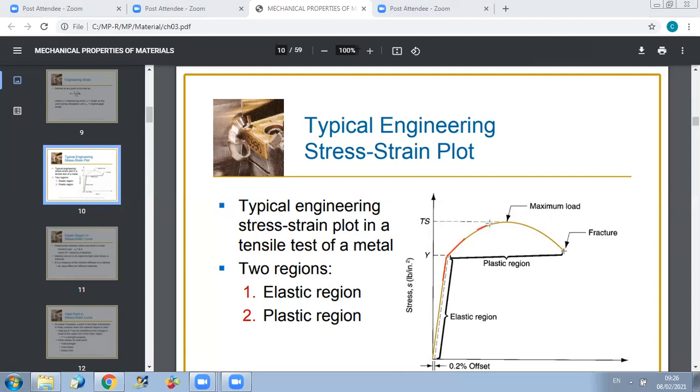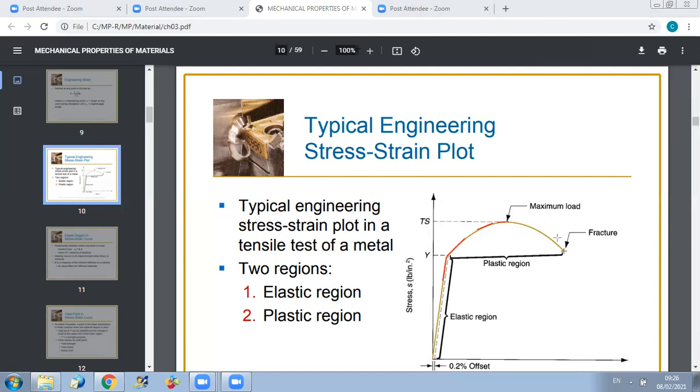The slope of the curve represents the ability of the material to resist deformation. So the lower the slope here, the lower the resistance to deformation, and the easier the deformation of your specimen. Okay.